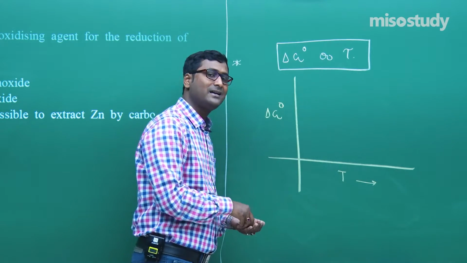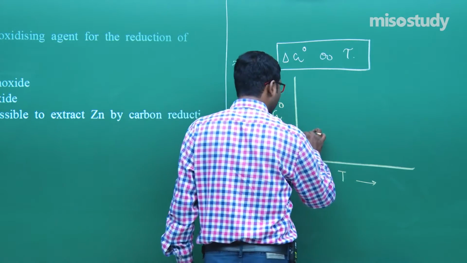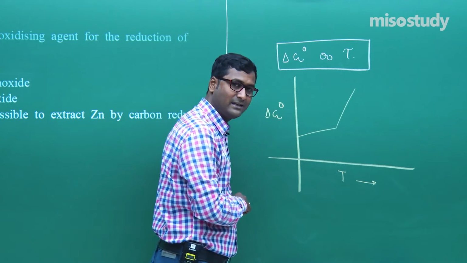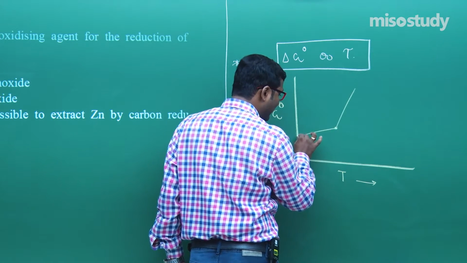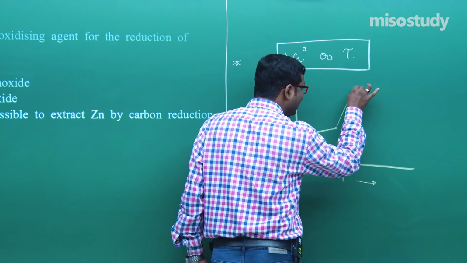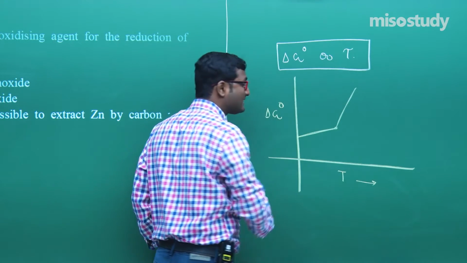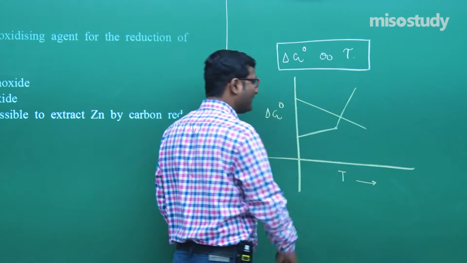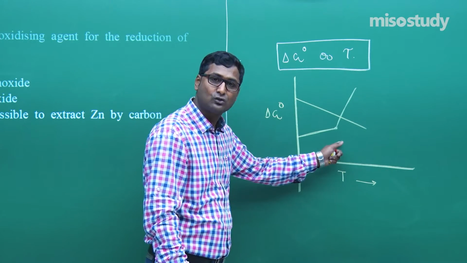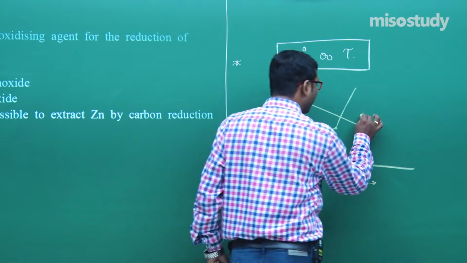Clear to you? There are 3 possibilities like this. The graph may be like this. If there is any break, it shows that there is a phase change. The graph may be like this, it shows that the slope is negative.